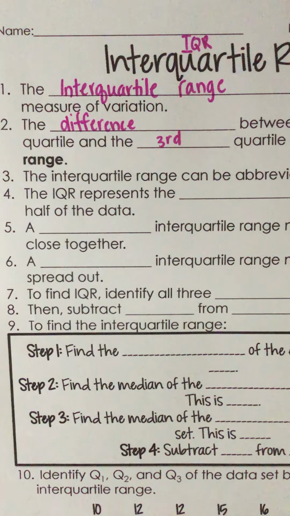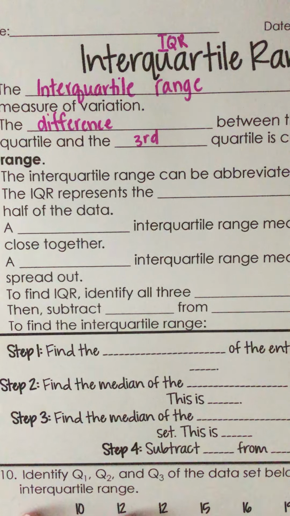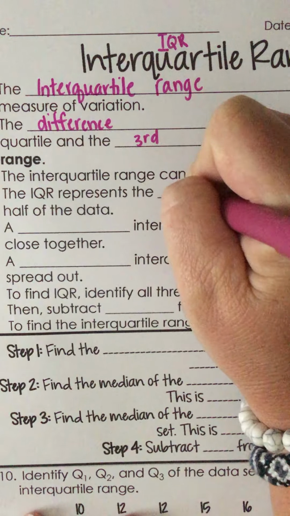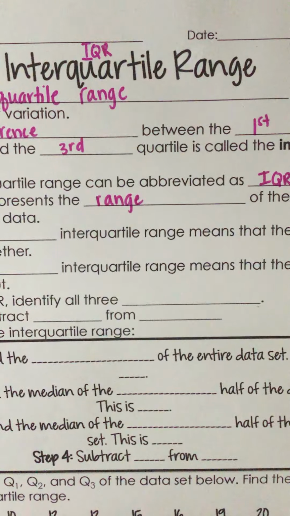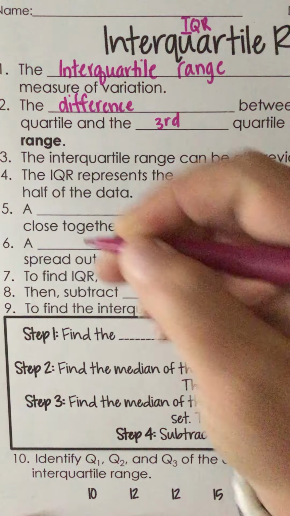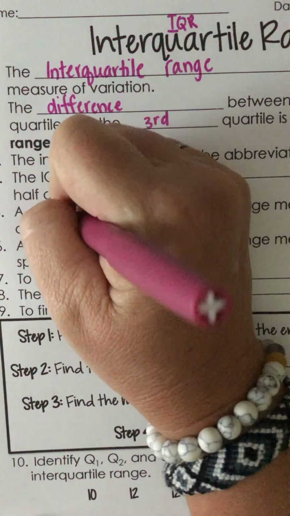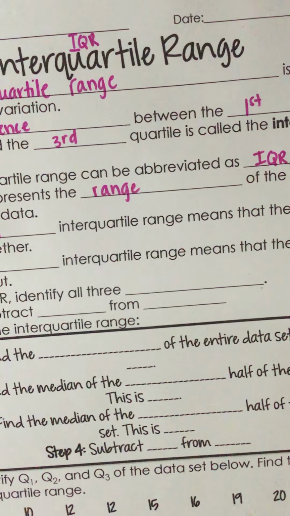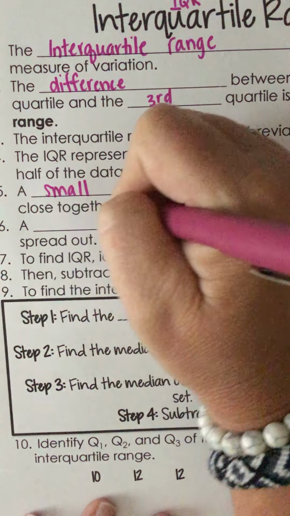All right, number 4 says the IQR represents the range of the middle half of the data. All right, number 5 says a small interquartile range means that the data is close together.